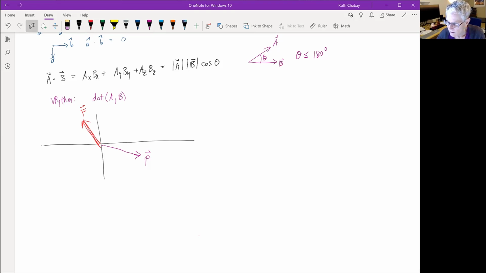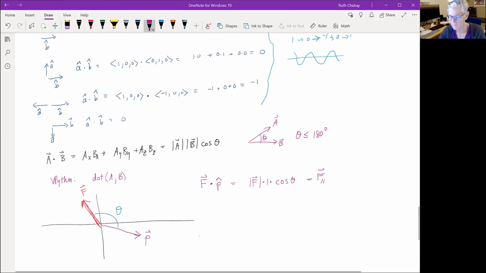Well, F dot P hat, the unit vector in the direction of P, is going to give us the magnitude of F times 1 times the cosine of the angle theta between F and P. And so that's going to give us the parallel component.